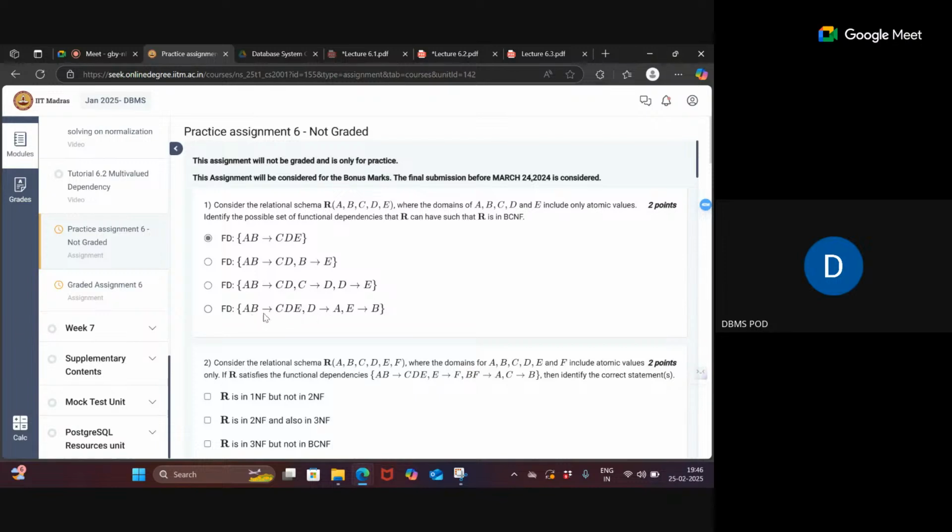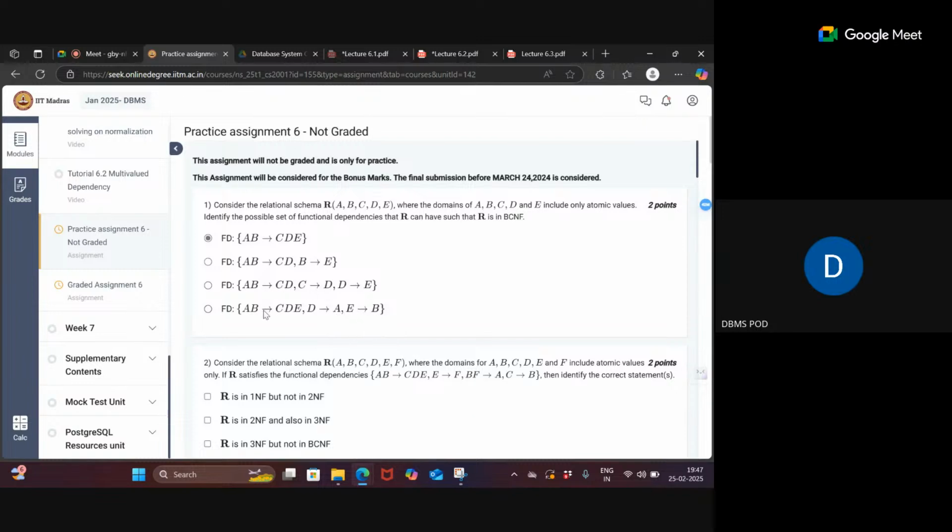Now the fourth option: AB determines C, D, E, D determines A, and A determines B. Let us find the candidate key here, which is not there in the RHS. So everything is there in the RHS, so just check by taking A, by taking D. Okay, if I take D closure, I will get DA. That's all. If I take E closure, I will get only EB.